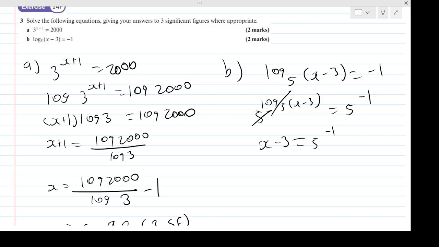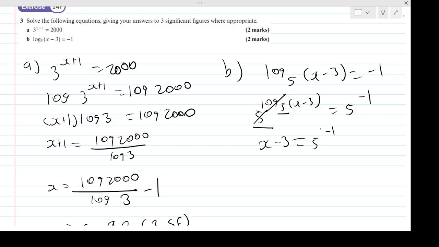That will always be true as long as you make sure you raise it by the same base, okay? If the bases are the same, then you can do this. The base will cancel the log and you're just left with what's inside. So the x minus 3 is 5 to the minus 1, because again I raised minus 1 by 5, right? So 5 to the minus 1. That's taking exponentials of both sides.